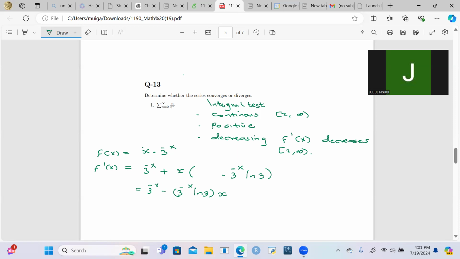If I factor out 3 power minus x, I'll get 1 minus x ln of 3, all divided by 3 to the power of x. And this function will decrease from 2 onwards. So this function decreases.